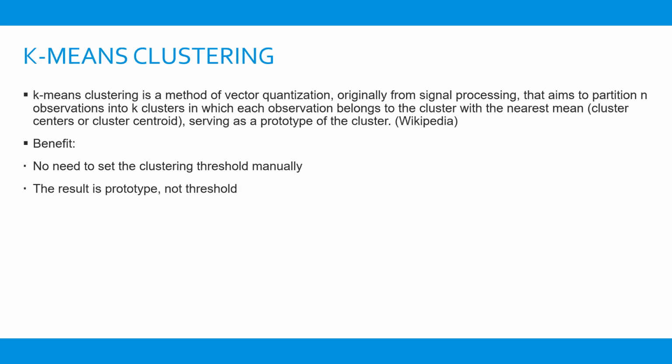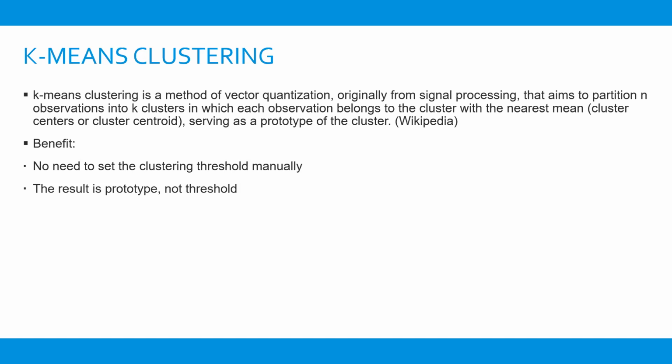And the algorithm determines which category it goes into based on the shortest Euclidean distance. The benefit of this method is, first of all, we don't need to set the clustering threshold manually. I think this is very important because when we set the threshold, we add on our prejudgment and some bias. This method can avoid some of the bias by not setting the threshold manually.